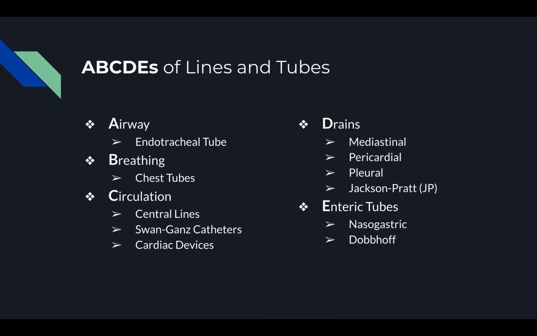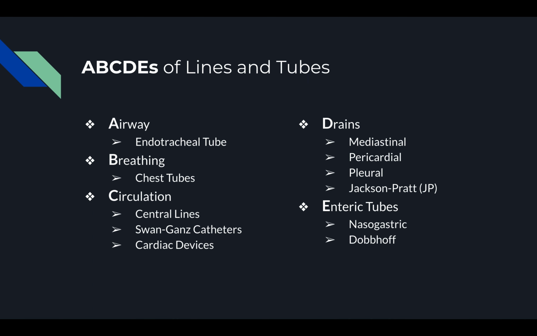With circulation, we talked about central lines and that their tip should be about in the distal superior vena cava, close to the junction of the right atrium. We talked about Swan-Ganz catheters and how the tip of those devices should be in the right main pulmonary artery, the proximal portion. We talked about identifying cardiac devices and checking that their leads are properly placed.